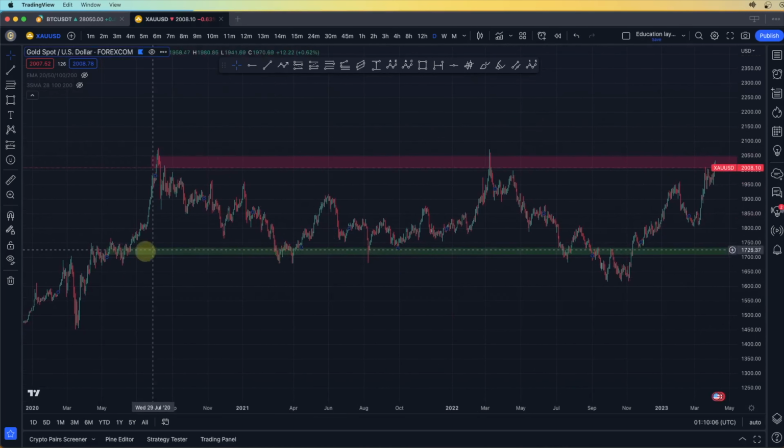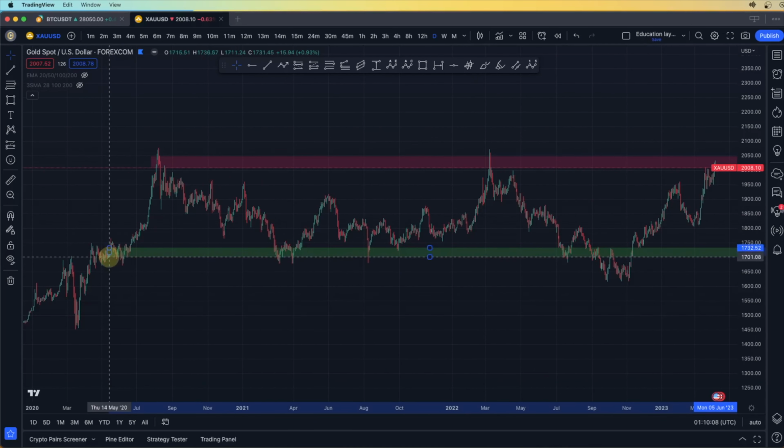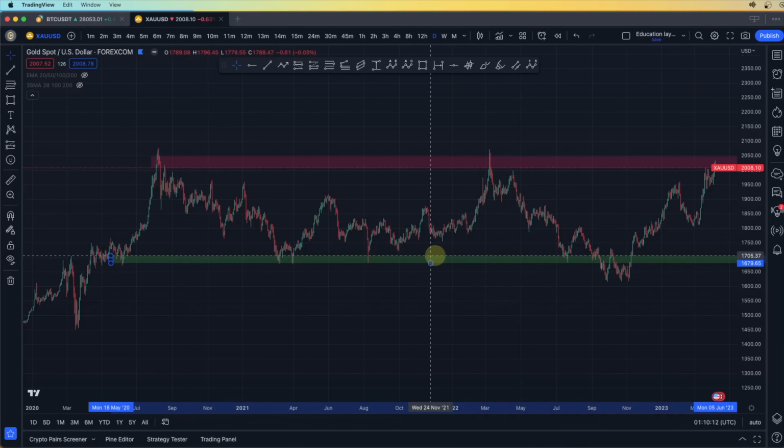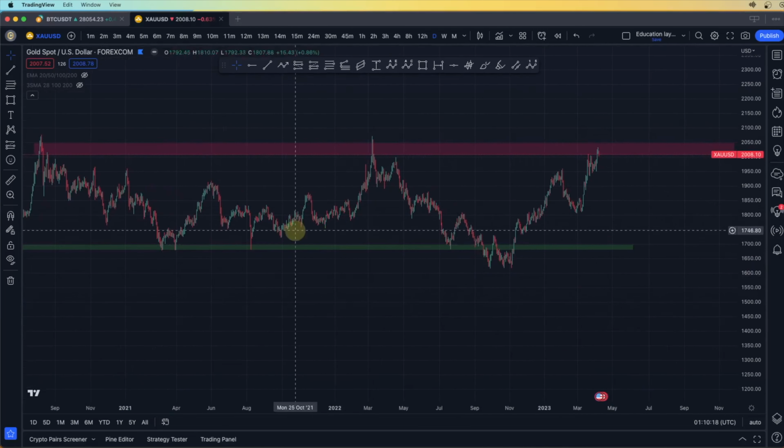We're going to drag it on this area and make it smaller, because on the lower time frame you should get in as small as you can. You should do it like that.